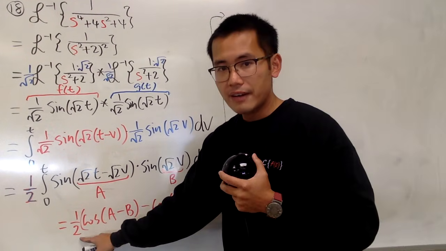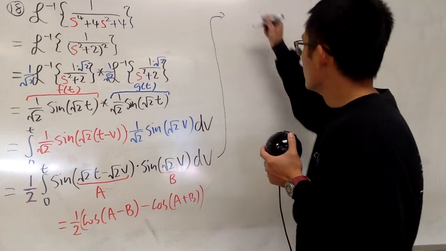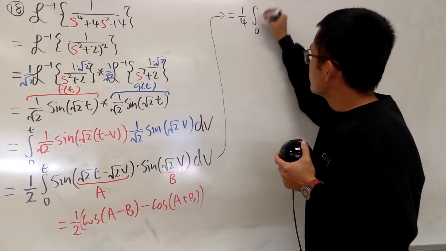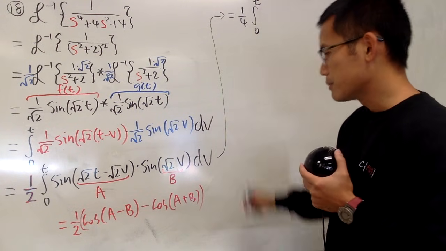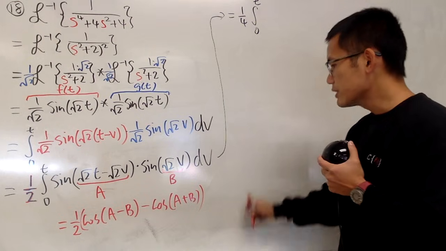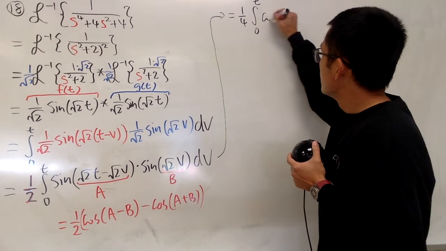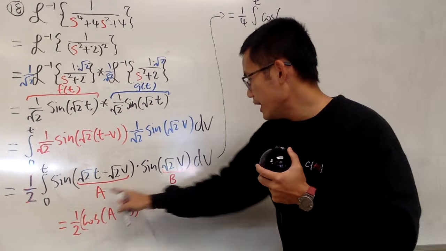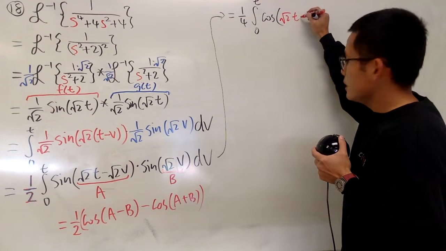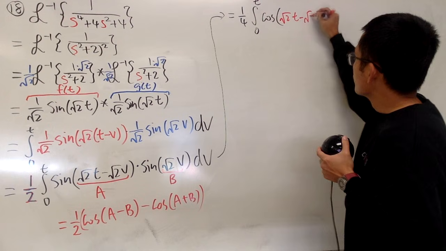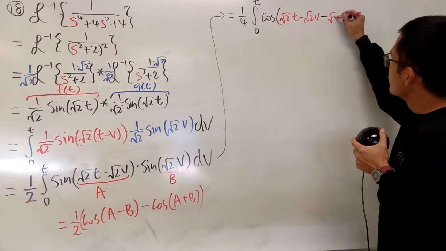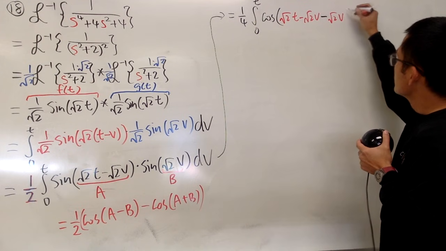So we have the 1/2. Multiply with that, so we'll end up with 1/4 all the way in the front. Integral from 0 to t. And then the first one, we will get cosine of, we have to do A minus B, so it's going to be square root of 2t minus square root of 2 phi minus B, which is square root of 2 phi, right?